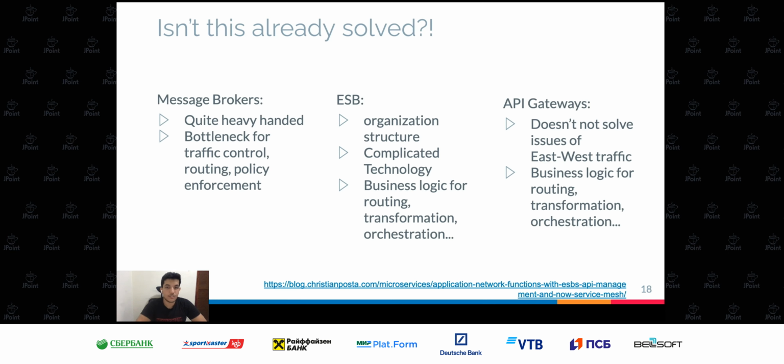Then we tried the next solution. We have our message bus, and we said, let's add things like routing, policy control, and transformation to it. But the complexity and organizational structure wasn't really good and was overkill.